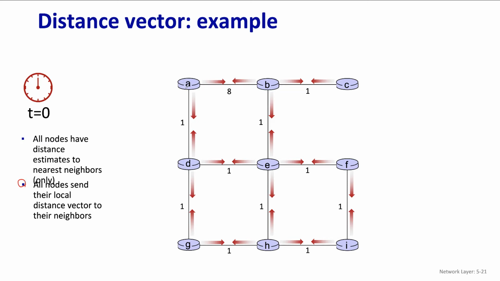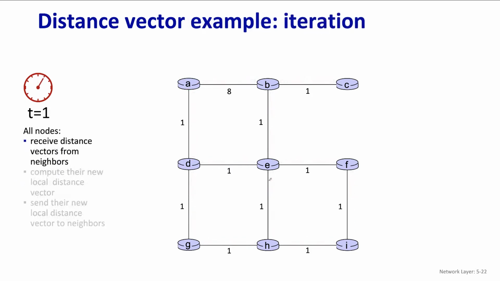As you can see here, A is going to share its distance vector with B and D. And the same thing for B, it is going to share it with A, C, and D. So it's just a broadcast to your neighbors. Each one of your neighbors is going to receive this distance vector. So now, as you can see, at T1, each of these routers receives a distance vector from the neighbors.